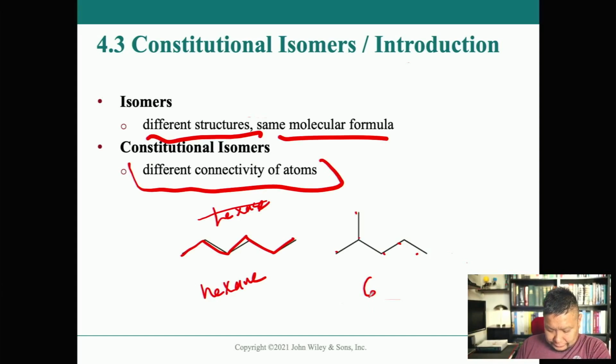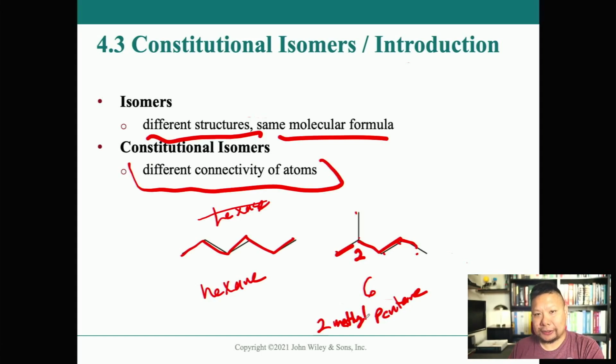We can actually name this one: 1, 2, 3, 4, 5, so that would be a pentane, and on the second carbon there's a methyl group. So that would be 2-methylpentane. 2-methylpentane is a constitutional isomer of hexane.